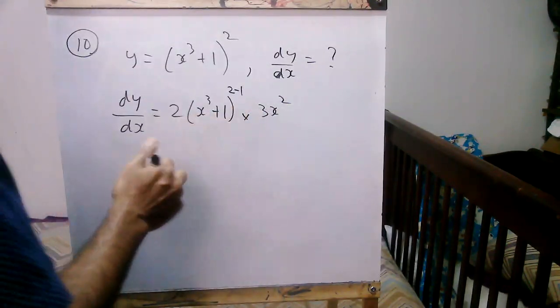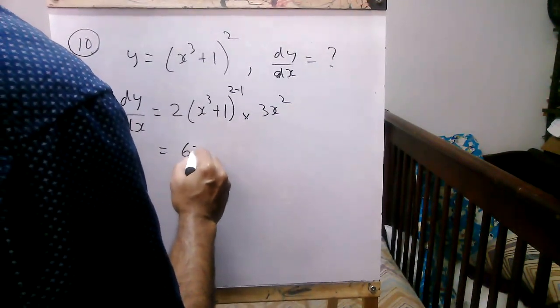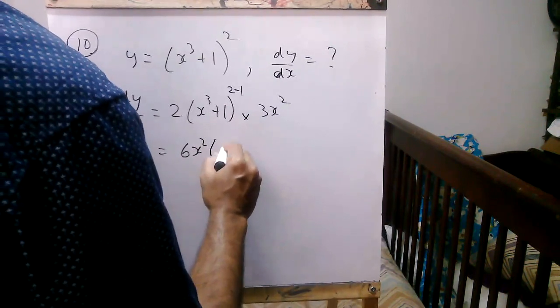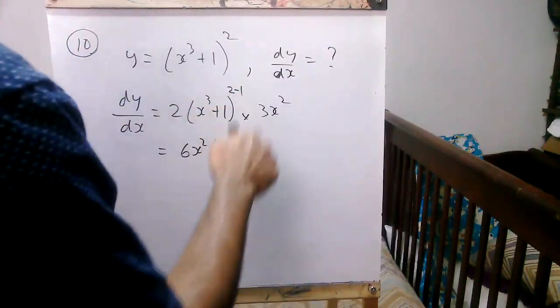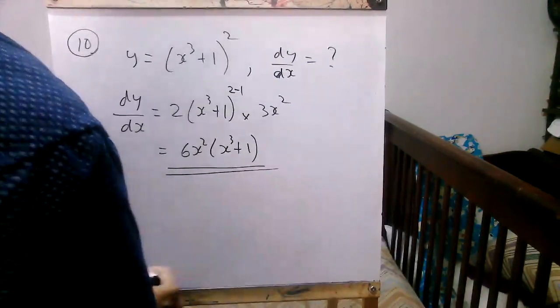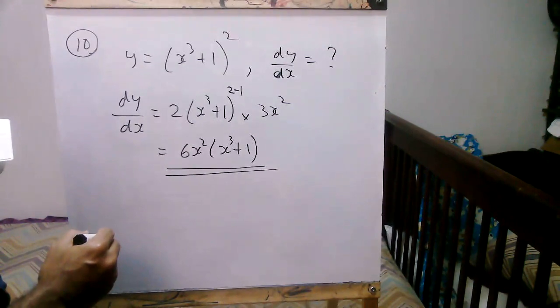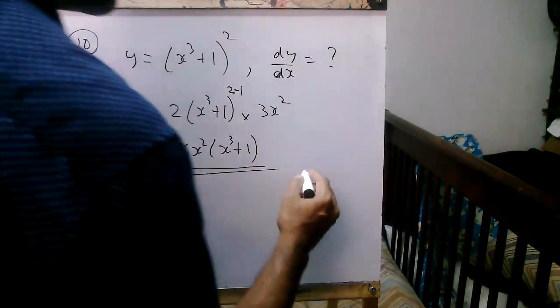So multiplying these two, we get 6x squared (x cubed plus 1) to the power 2 minus 1, which is 1. So this is the final answer. 6x squared (x cubed plus 1), answer choice E.